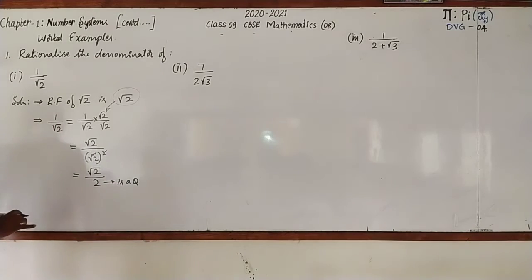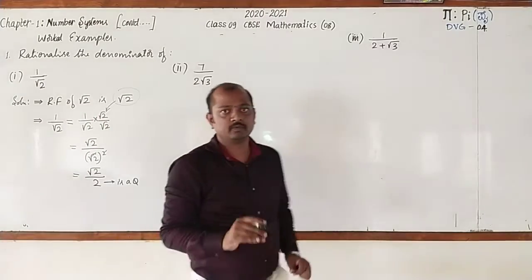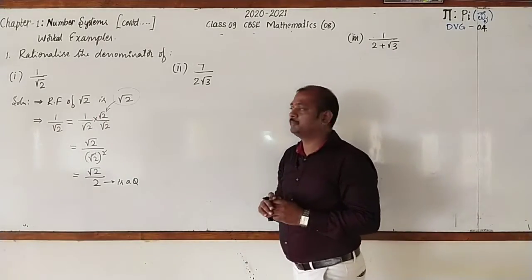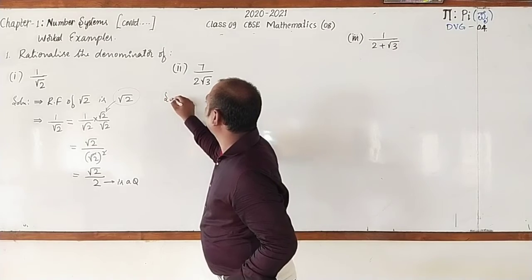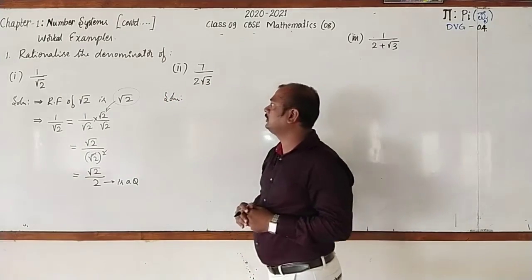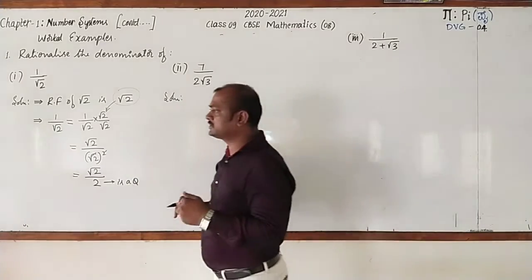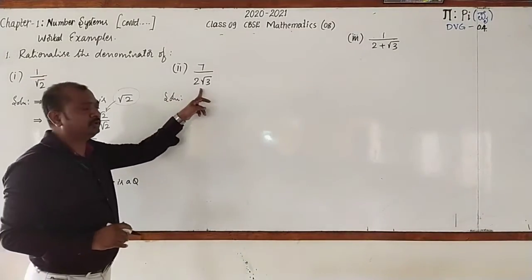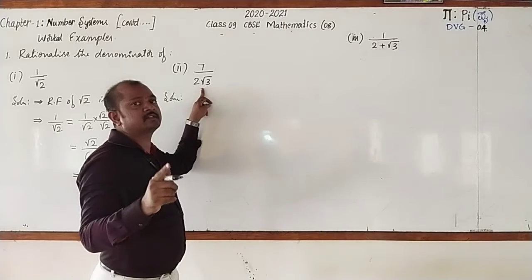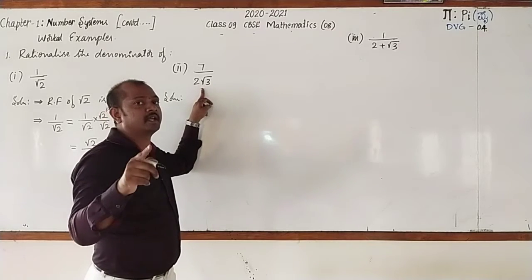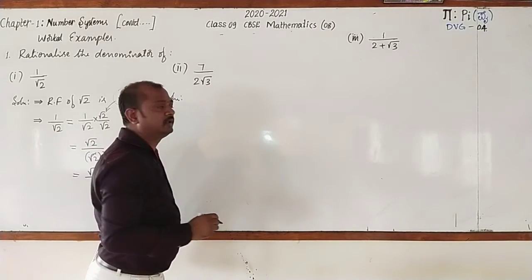Clear? Next, the second one. Don't copy. Please observe the board. Here, the second one is 7 by 2 into root 3. What is in the denominator? 2 into root 3. Whether it is rational or irrational? It is irrational. Now it should be converted into rational.